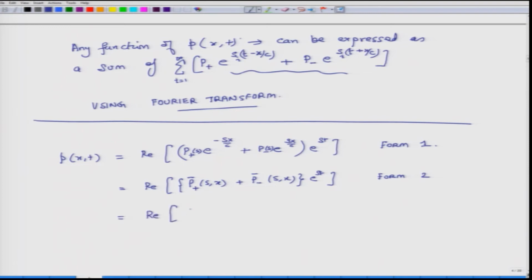This is capital P of x and s, times e to the power of s t. This is form 3, where capital P of x and s is nothing but this entire thing.